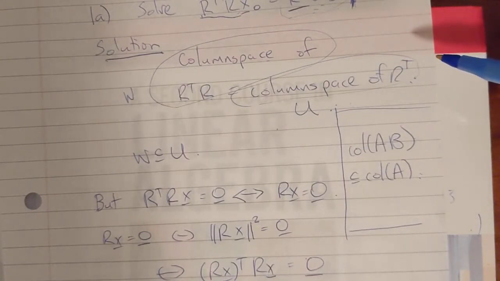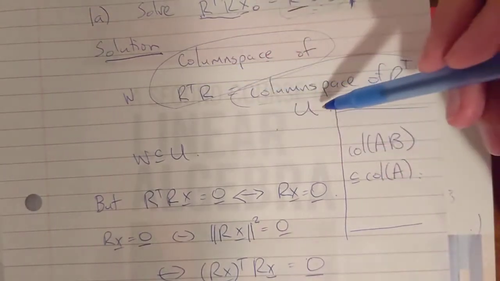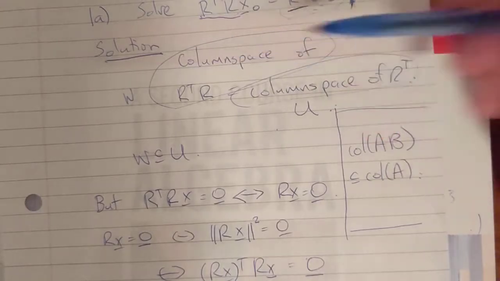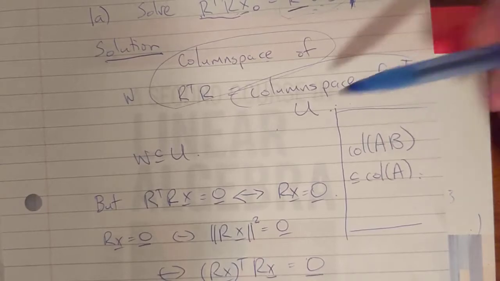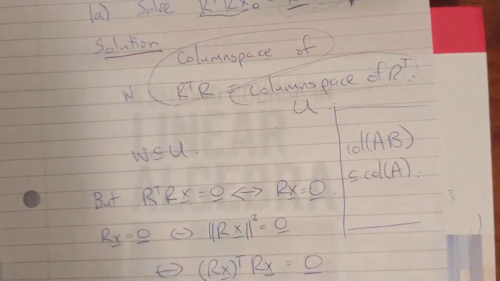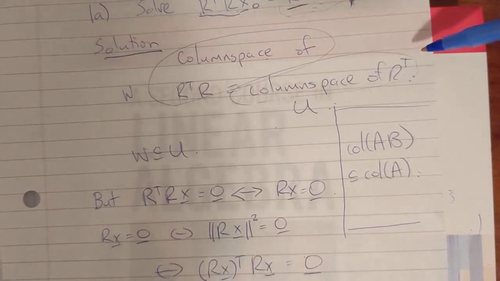One way to do that is to note that W and U are the column spaces of two matrices. We can compute the dimension of the column space by the rank-nullity theorem: dimension of the column space plus dimension of the null space equals the number of columns.